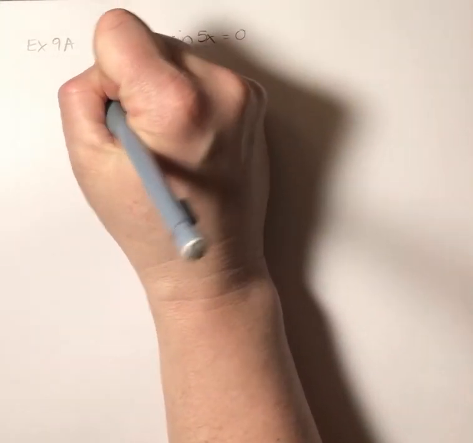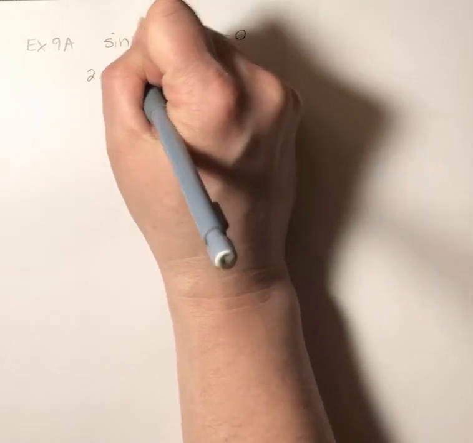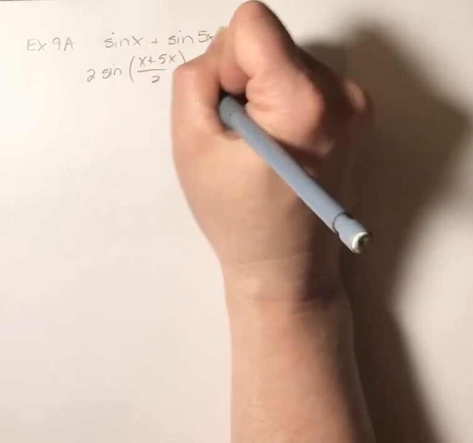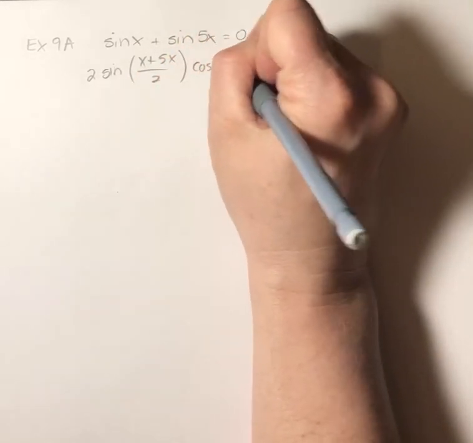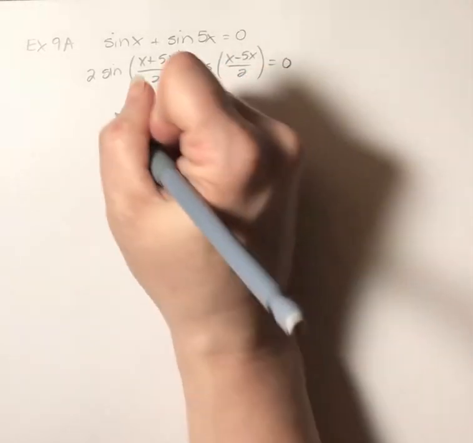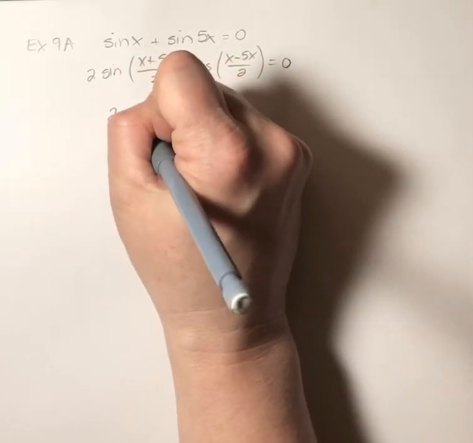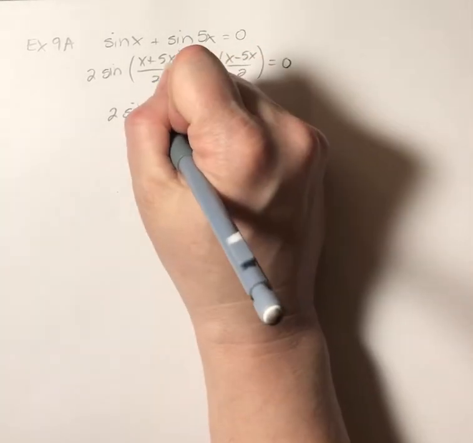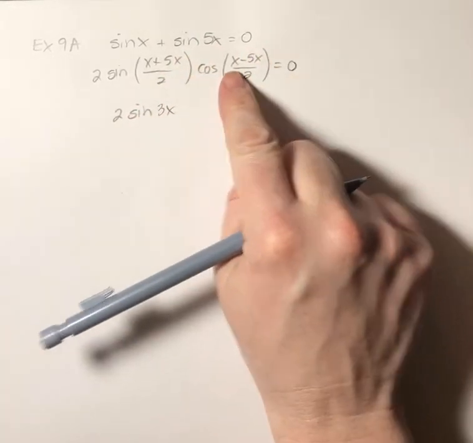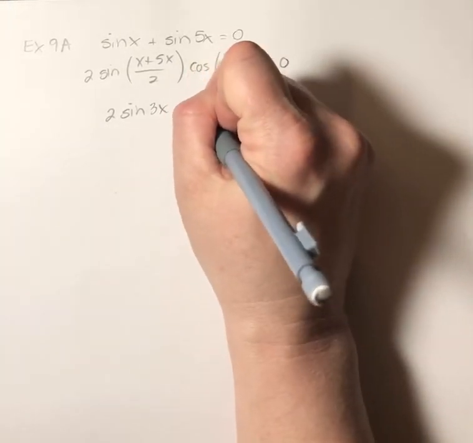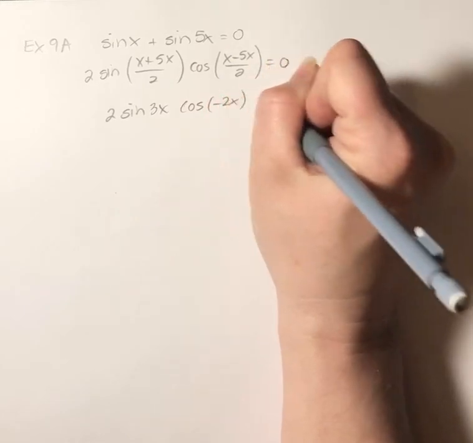So I'm going to have 2 sine of (x plus 5x)/2 and cosine of (x minus 5x)/2. x plus 5x is 6x, divided by 2 is 3x. x minus 5x is negative 4x, divided by 2 is negative 2x.